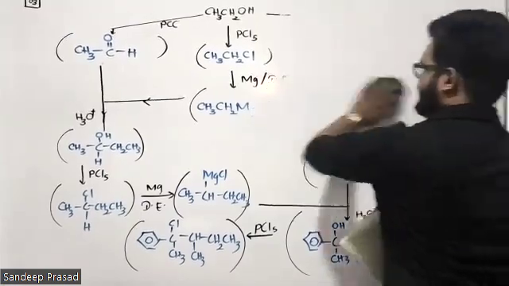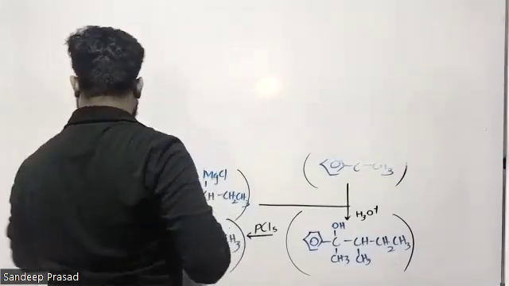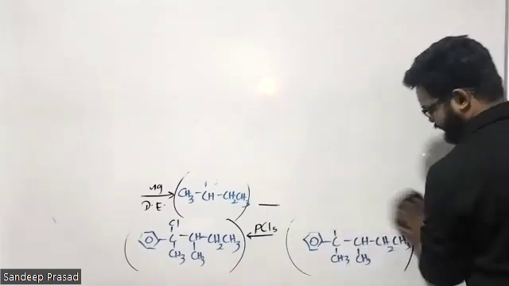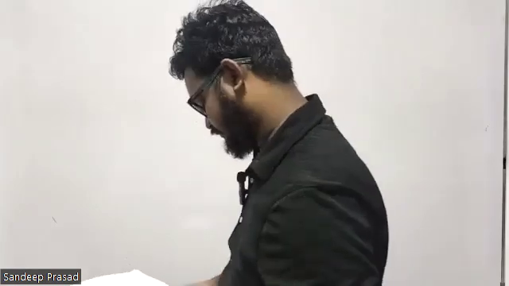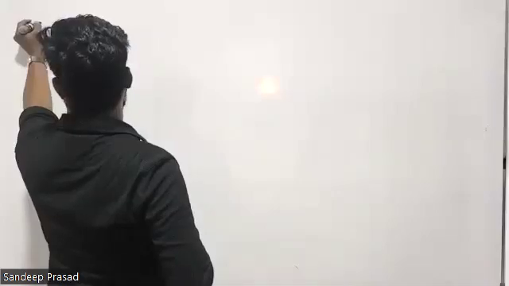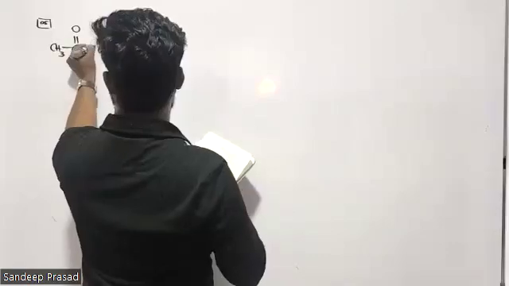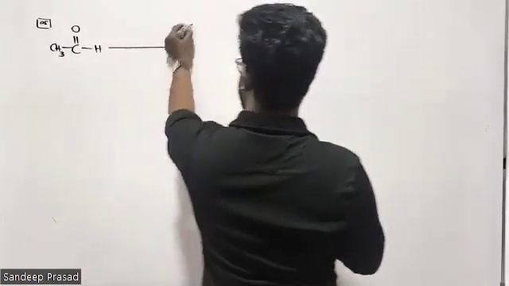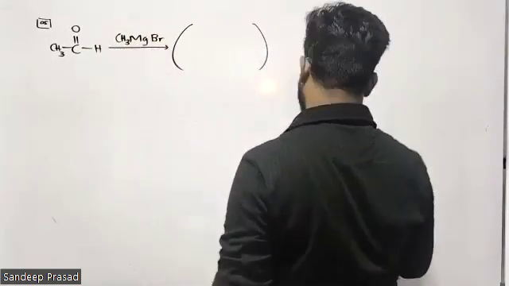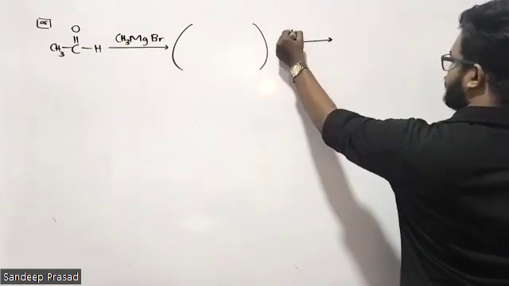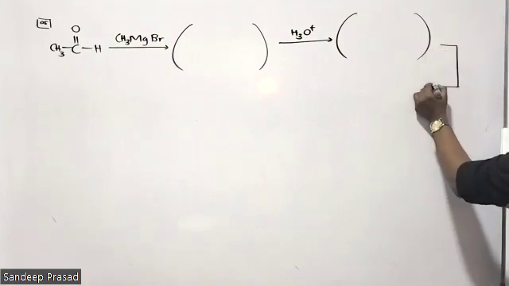So do this one as a last conversion. Number 5. CH3MgBr is added. H3O plus is added.